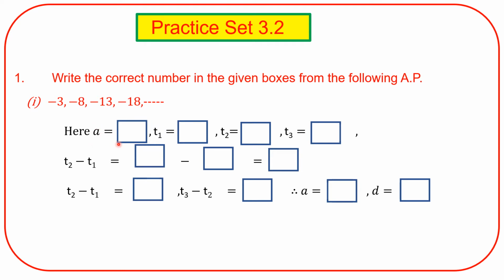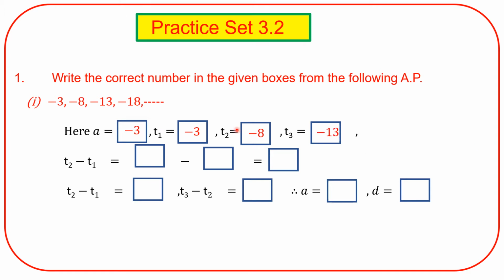Here A is equal to, A means first term, is equal to -3. T1 means first term, write down -3. T2 is -8. T3 is -13.